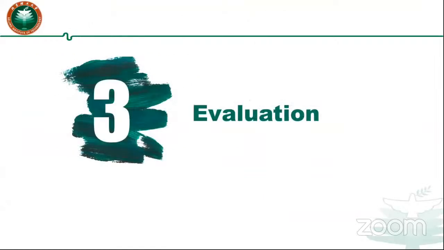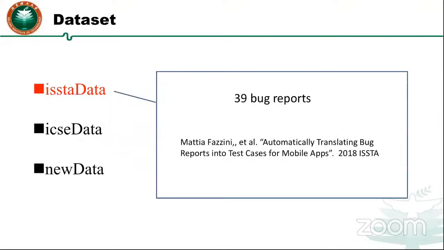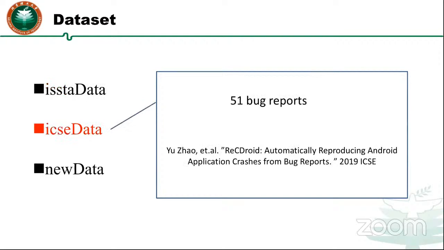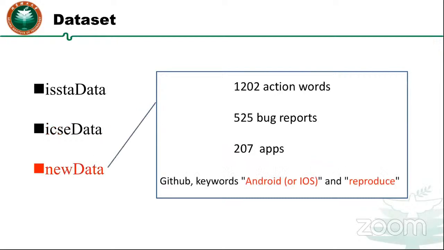The third part is the result of our evaluation. We introduce our dataset first. The dataset is composed of 3 parts. The first part of the dataset is 39 bug reports collected by Fazzini, noted as ISSTA data. The second part of the dataset is 15 bug reports created by Yu Zhao for the evaluation of a previous approach, noted as EC data.